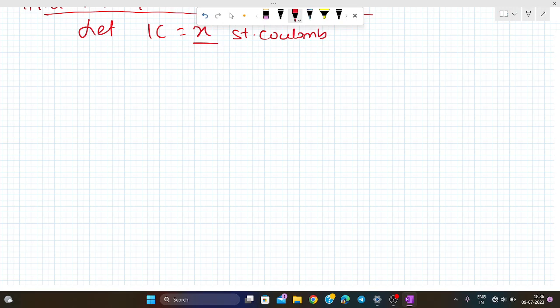Let's suppose we have two charges of 1 coulomb each in magnitude, and they are separated by a distance of 1 meter in free space. Remember, we are always doing free space for simple cases.